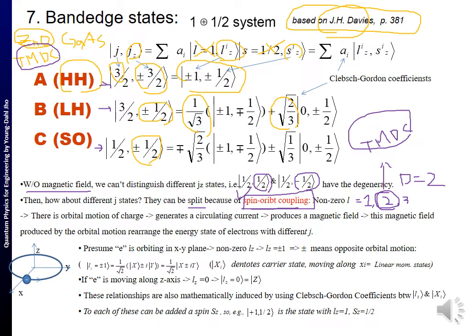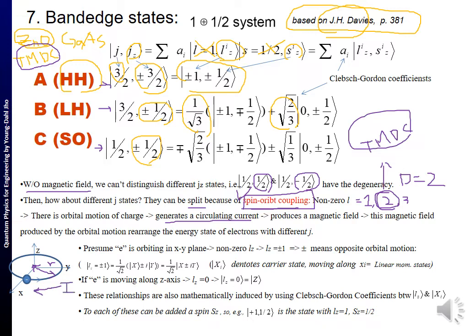Here, as I explained before, there is orbital motion of charge. In 3D space, an electron is orbiting around the origin. Its distance is r. It generates a current. So the electron is orbiting this way, then current is generated along the opposite direction.